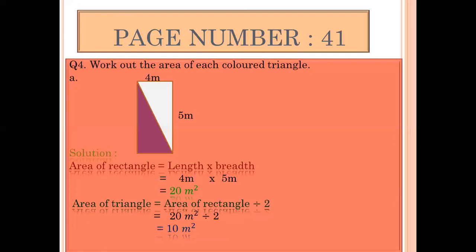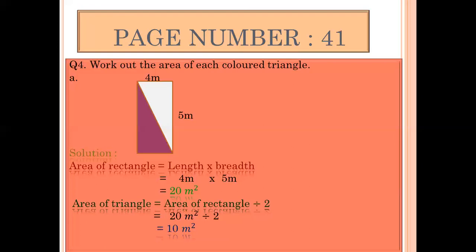Area of the rectangle is length multiplied by breadth. And in our diagram, what is length? 4 meter. And what is breadth? 5 meter.